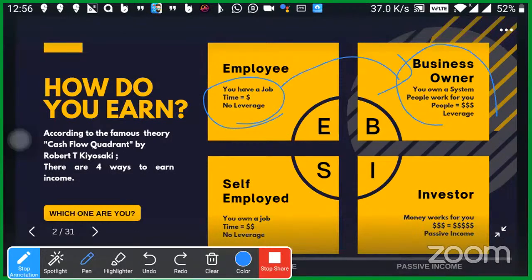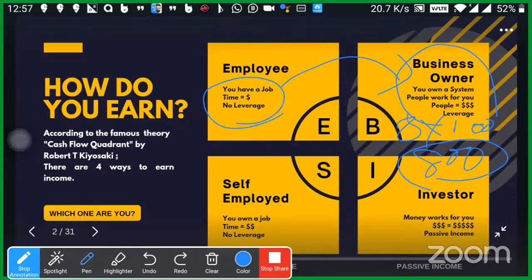But for a business owner, there is no time limit. Suppose you are a business owner and you employ 100 people in a company, and each of them works 8 hours a day. So you can multiply 100 into 8. That means in every 24 hours, you are earning according to 800 hours of work.